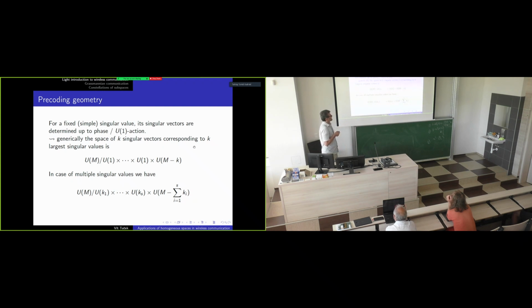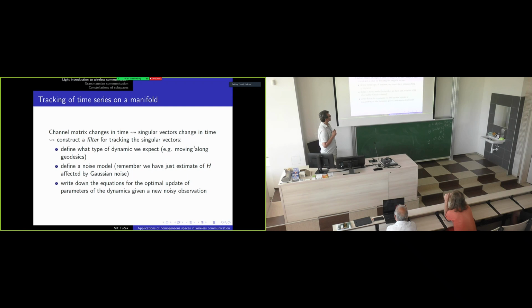A singular vector, even if it's normalized to have norm 1, is defined only up to phase. You can multiply it by e^{iθ}, and it will still be a singular vector. So there is a natural U(1) action, and the space of all possible singular vectors corresponding to k singular values is this nice homogeneous space. And if there are some degeneracies, in case we have multiple singular values, we get this nice flat manifold.